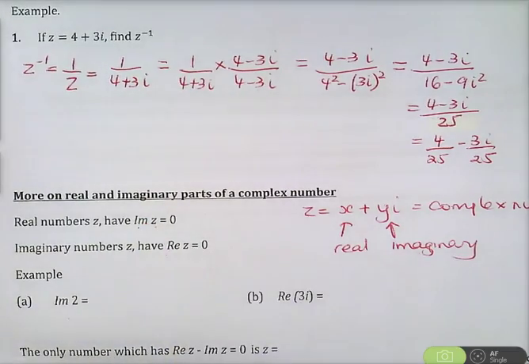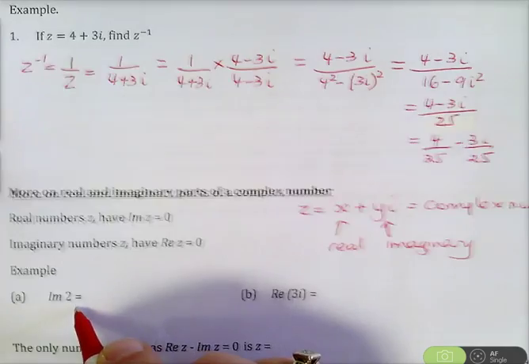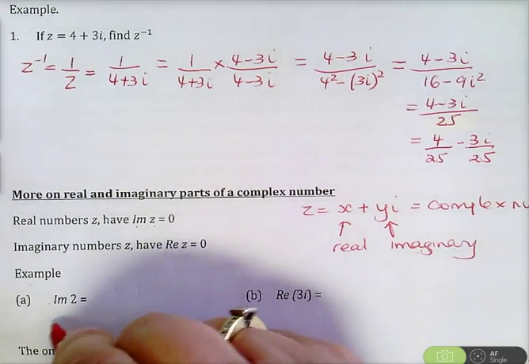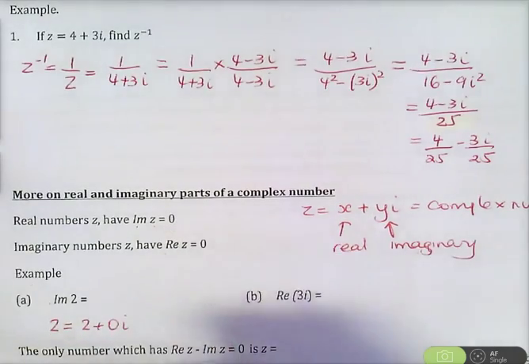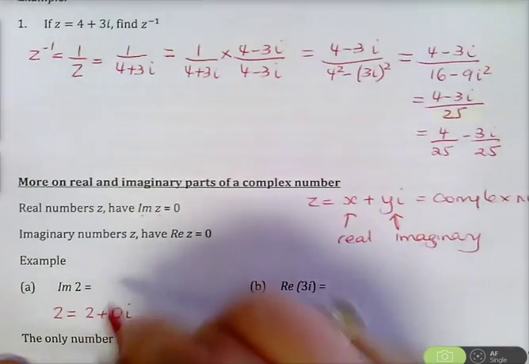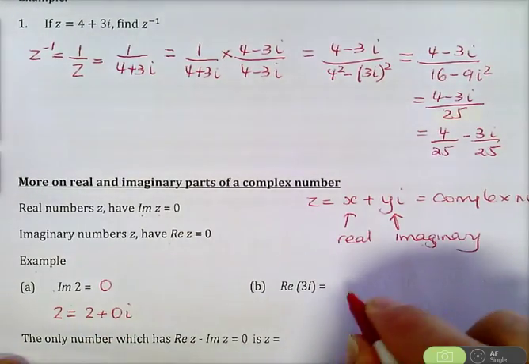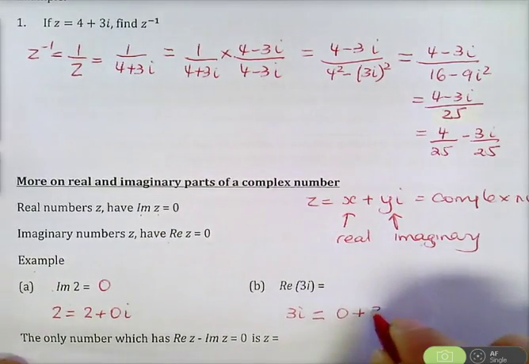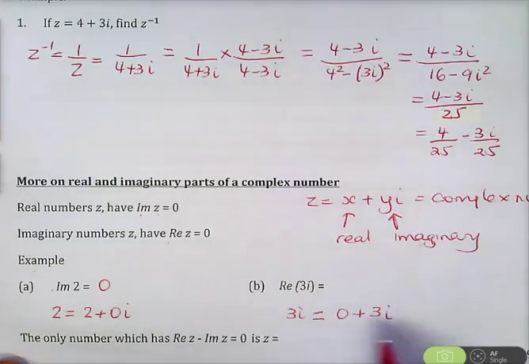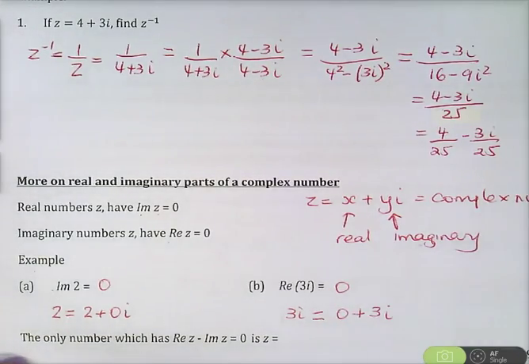That's what that's saying. So the imaginary part of the number 2, now 2 is the same as 2 plus 0i. So the imaginary bit is the coefficient of the i, which is 0. Now the complex number 3i is 0 plus 3i. That's what it is. So the real part of this is 0 as well. Okay?